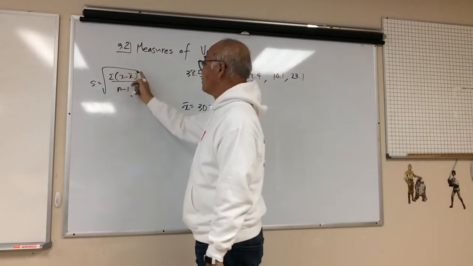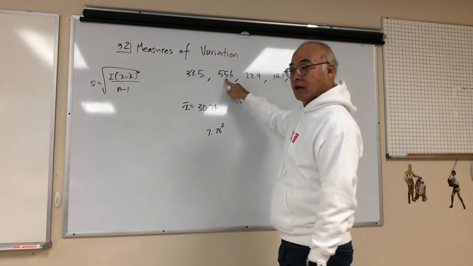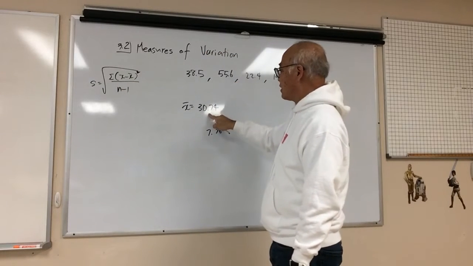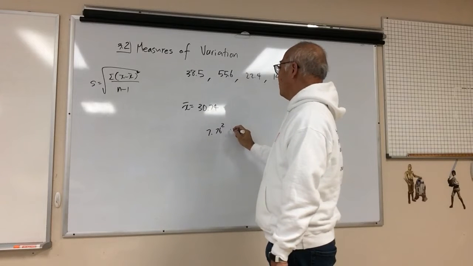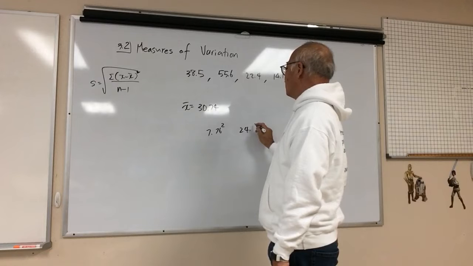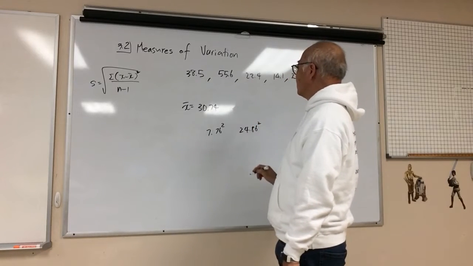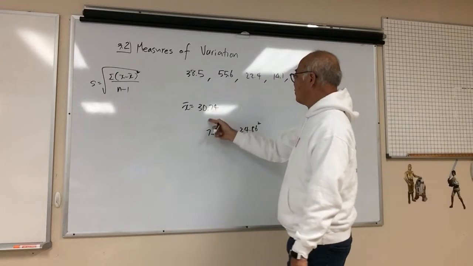So let's go ahead and go. This is the first one. And the next one is this guy. I subtract from here, I subtract this. I'm going to get what? 24.86. I'm going to square that. And I'm going to subtract this guy from this guy.